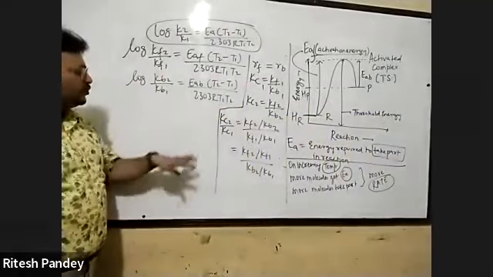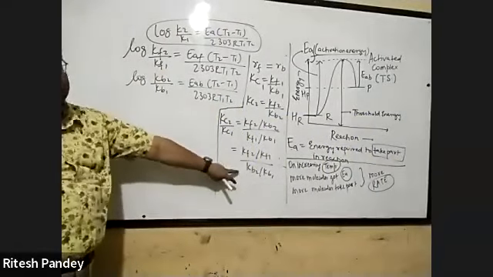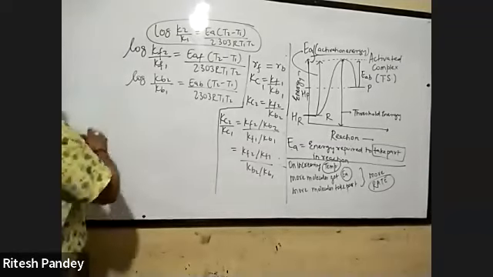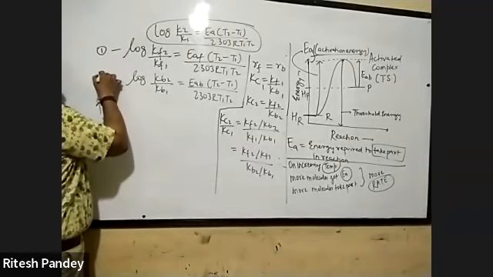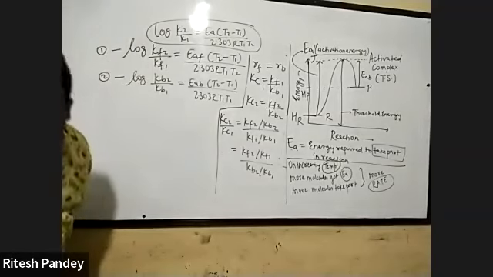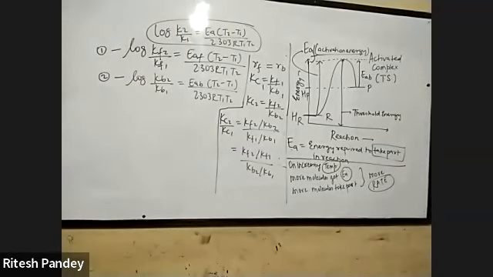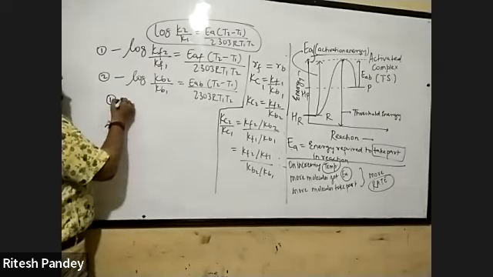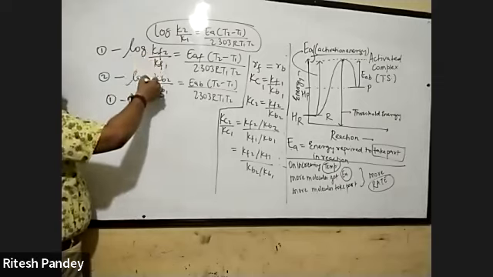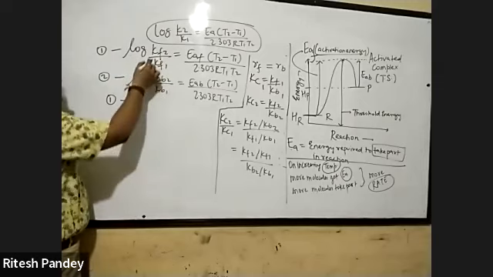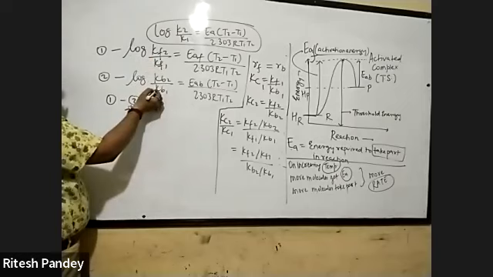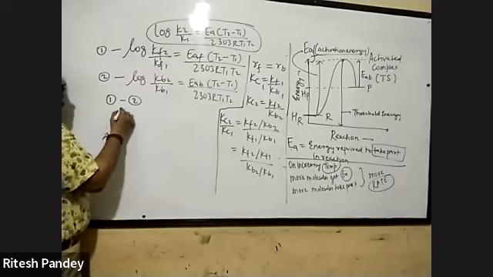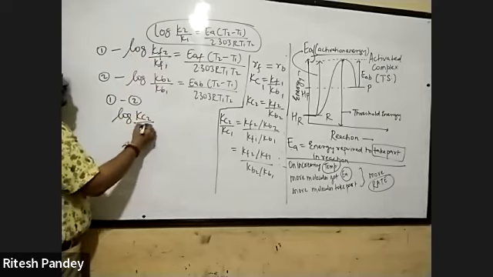And the reason I have brought it into this form is that I can apply equation 1 and equation 2. बच्चे लोग हाँ ना बोलो. हाँ सर. And if I write 1 minus 2, then log A minus log B is log A by B. And log of this by this would be log of Kc2 by Kc1.